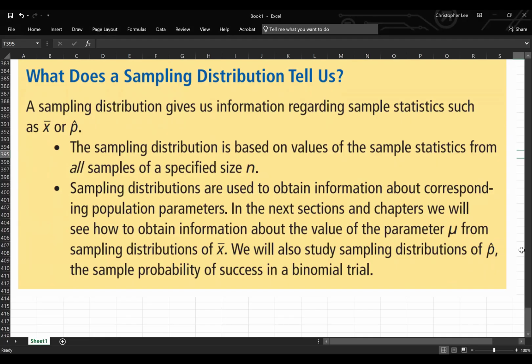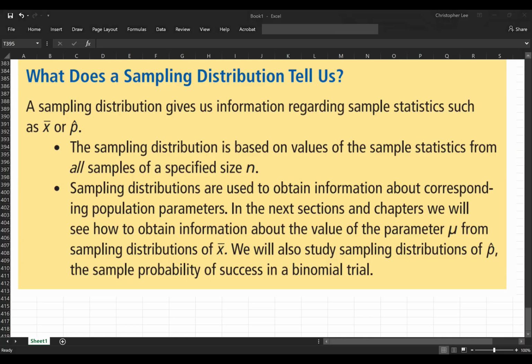The sampling distribution is based on values of the sample statistics from all samples of a specified size n. Sampling distributions are used to obtain information about corresponding population parameters. In the next sections and chapters, we will see how to obtain information about the value of the parameter mu from the sampling distribution of X bar. We will also study sampling distributions of p hat, the sample probability of success in a binomial trial.